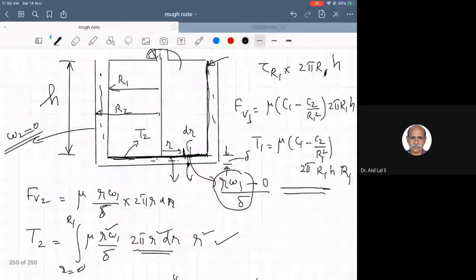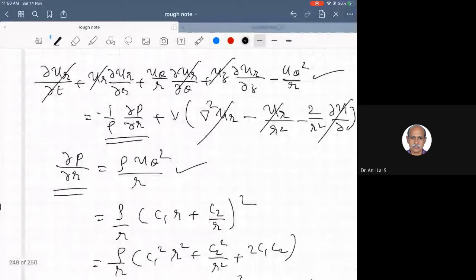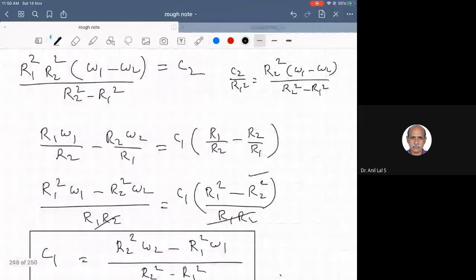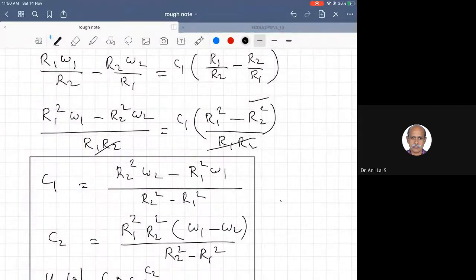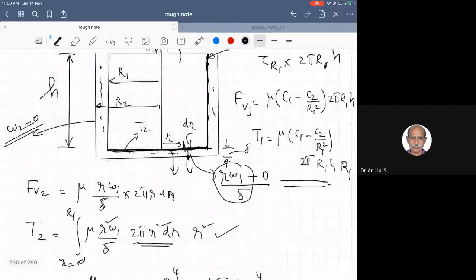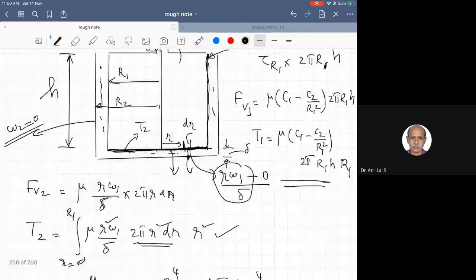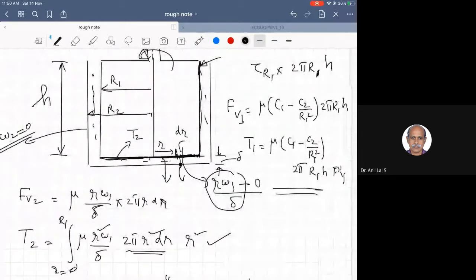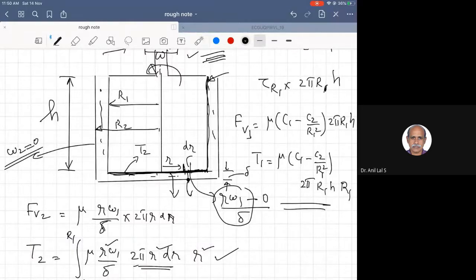Constant C1 is there. So this is mu into (C1 minus C2 by R1 squared), which is du by dy, then 2 pi R1 into H is there.